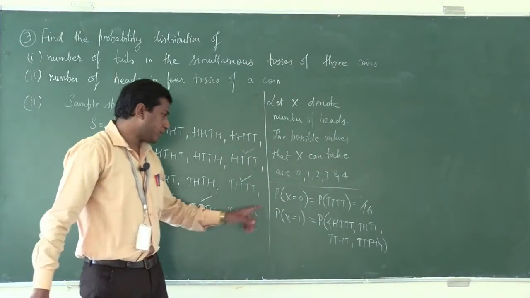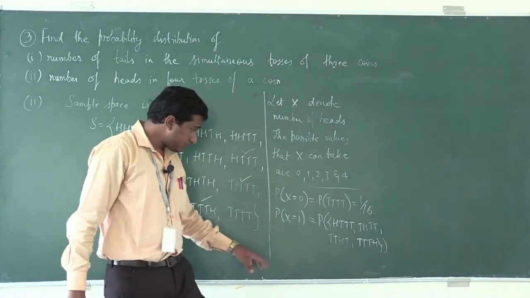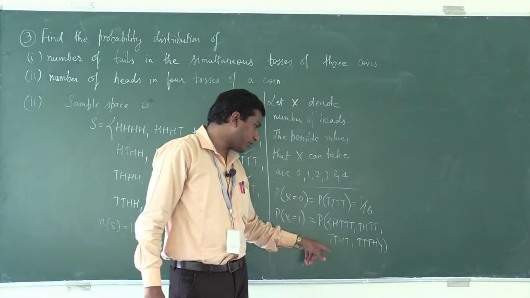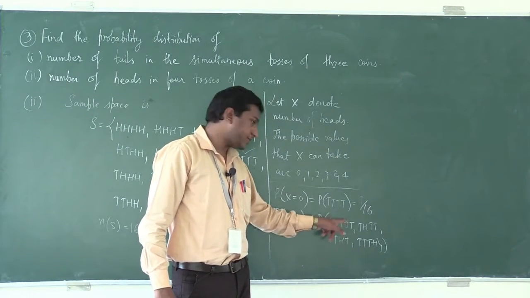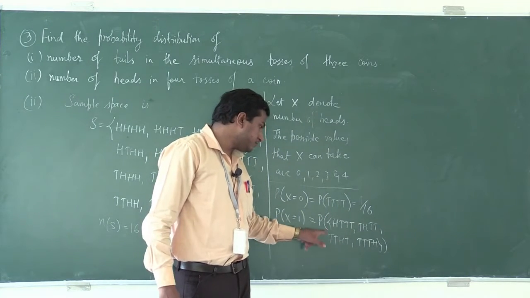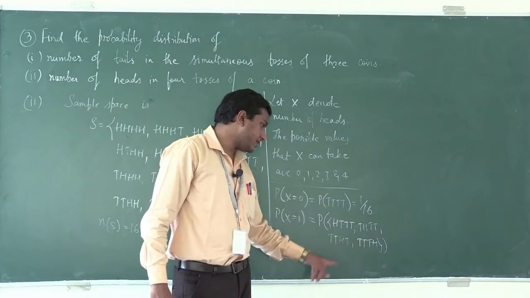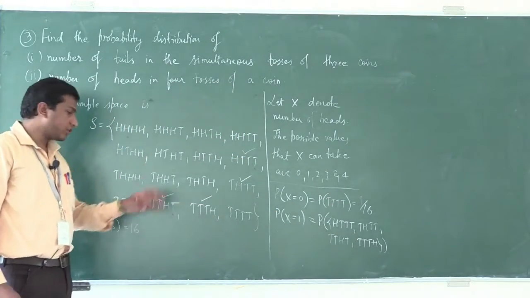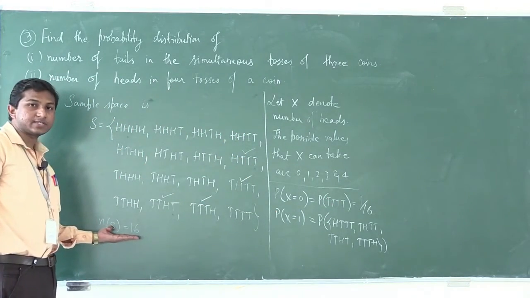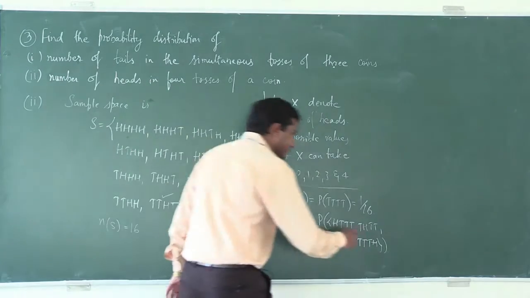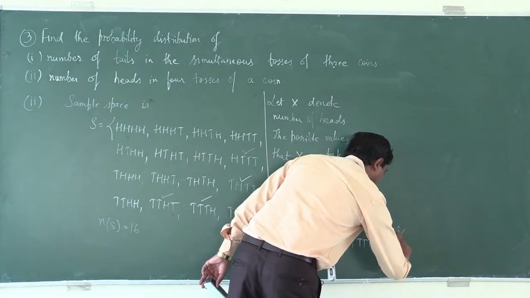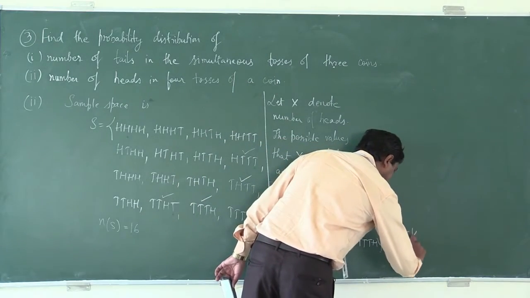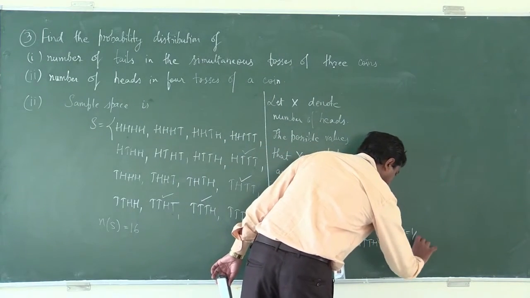So P of X equals 1 equals P of the event containing 4 elements HTTT, THTT, TTHT and TTTH. So what is the probability? We have 4 elements, total number of elements is 16. So it is nothing but 4 by 16. On simplifying that, I can write this as 1 by 4.